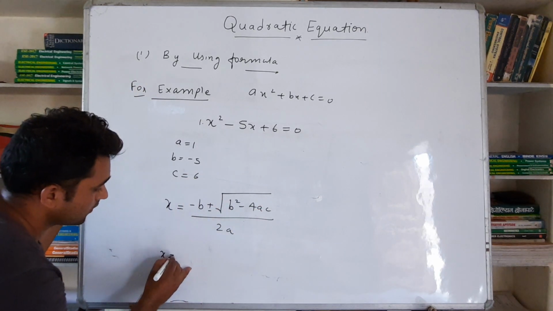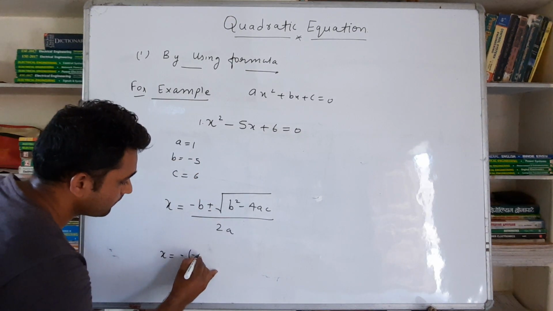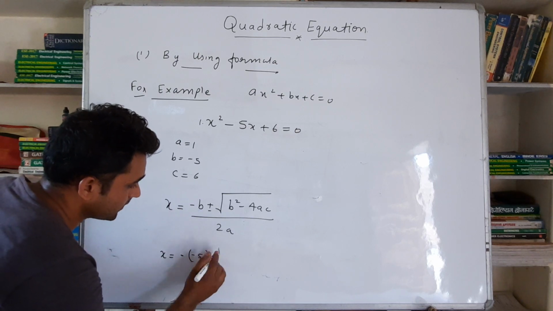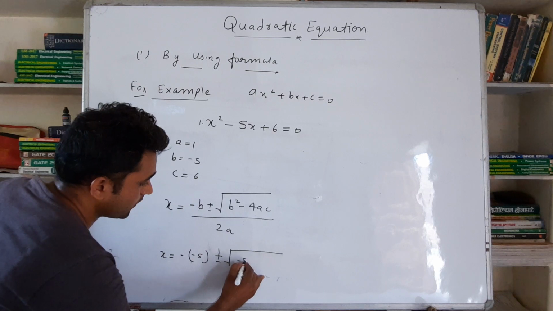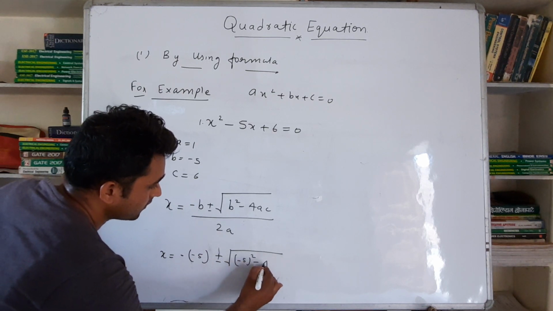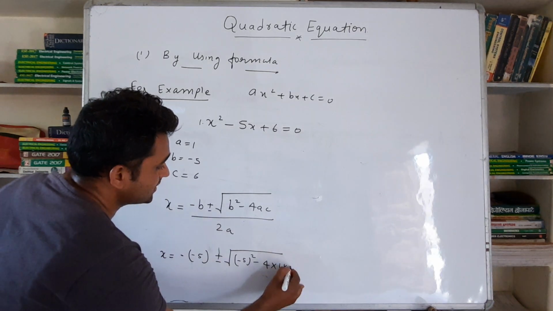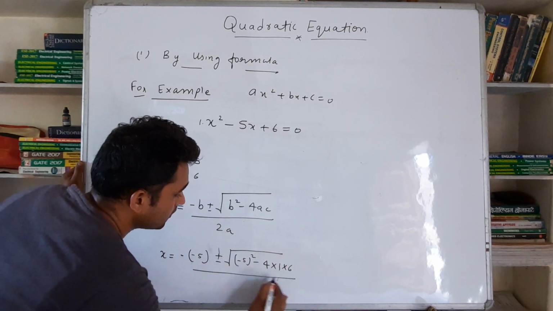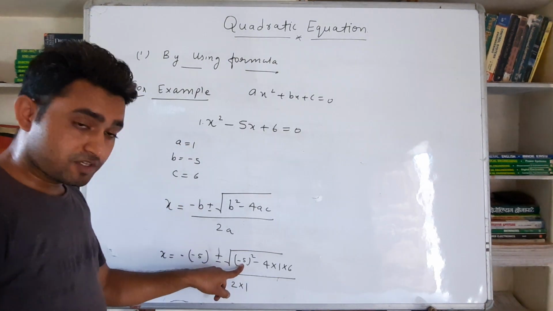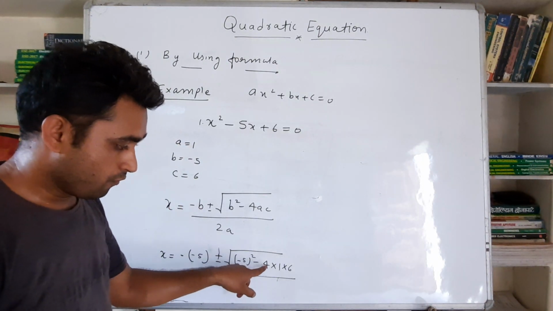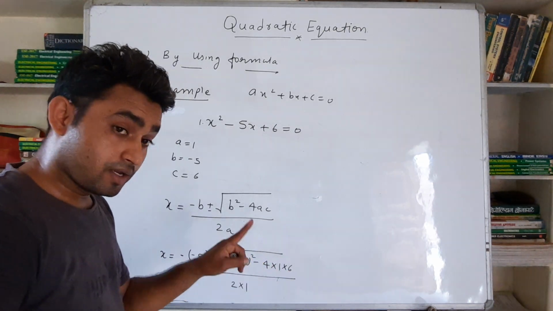So x equals minus of b, which is minus 5, plus minus square root of minus 5 square minus 4 into a, which is 1, into c, which is 6, upon 2 into a, which is 1. So minus 5 square is 25, minus 4 into 1 into 6 is 24. So 25 minus 24, that is 1.